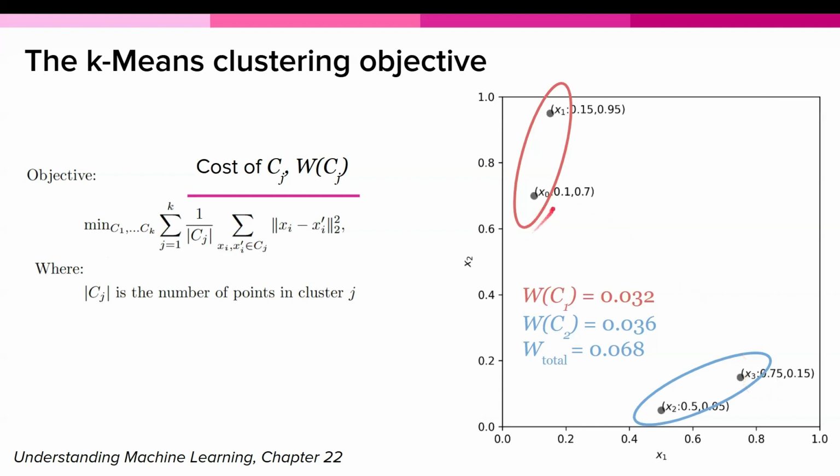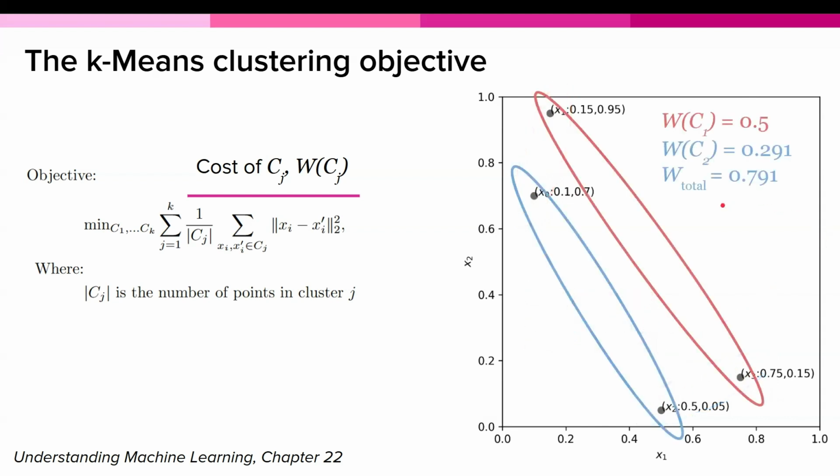So for cluster 1, the cost is calculated based on the distance between x0 and x1, which gives us a cluster cost of 0.032. Similarly for cluster 2, the distance is based on x2 and x3, and this gives us 0.036. And so the total cost of this clustering solution is 0.068.